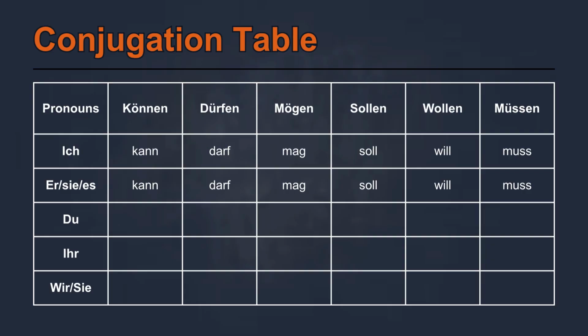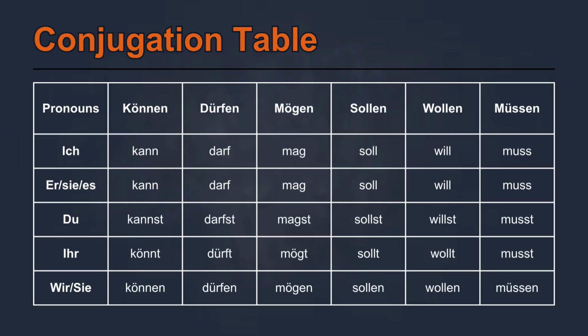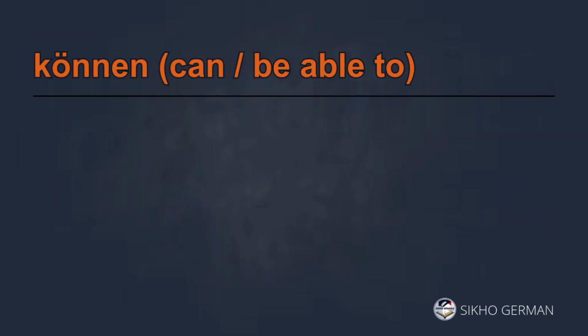Here we can see that with ich and er sie es, the modal verb takes the same form. Modal verbs don't follow the same endings as regular verbs because modal verbs are highly irregular and must be memorized as forms. Let's learn with the examples.